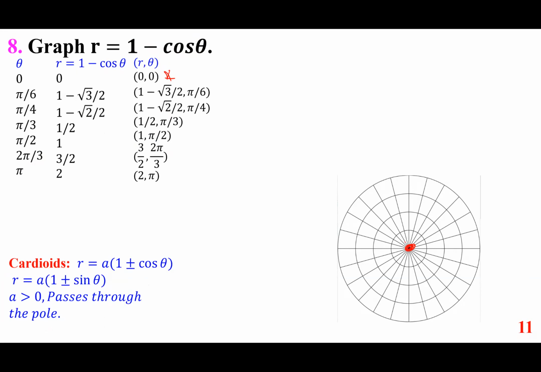If I choose the easy one, at pi over 3 it is 1/2. This is not to scale, but just to give you an idea, assuming this is 2 and the first one is half, somewhere here.